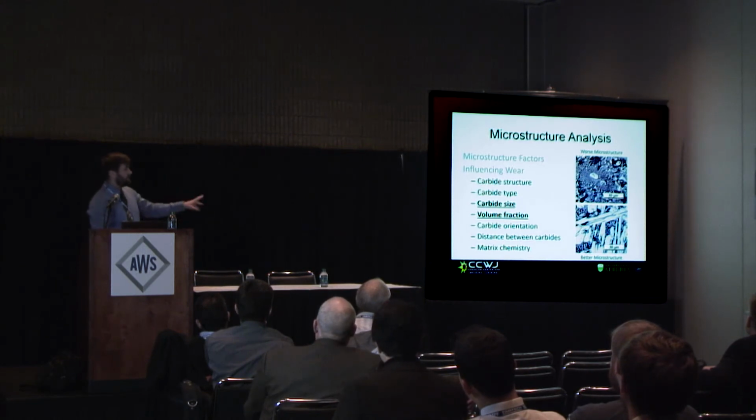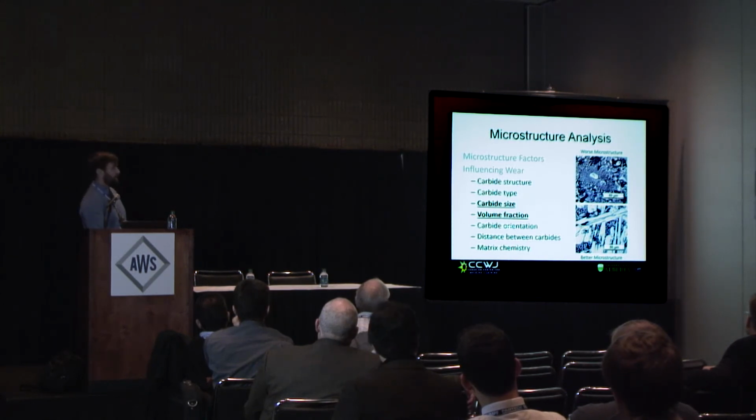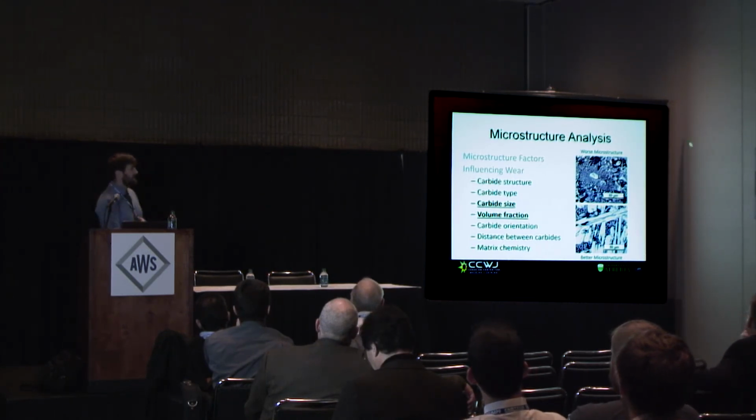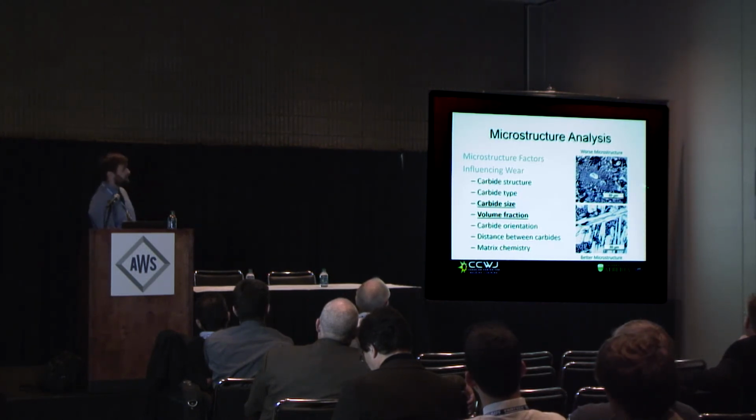But the 2 main important ones that we wanted to look at for this research is the volume fraction, which is probably the #1 indicator of how well the wear resistance is going to be, and carbide size. And just an example, what we know from experience is that if you have tons of primary carbides, like the picture down here, you're going to get good wear resistance. If you only have a few, you're not going to get as good wear resistance.